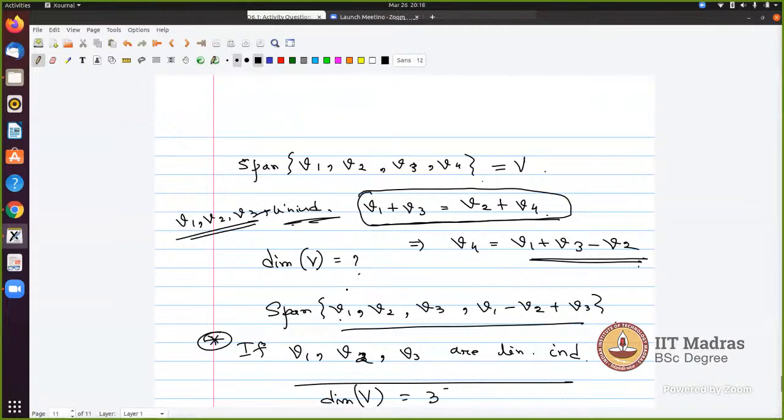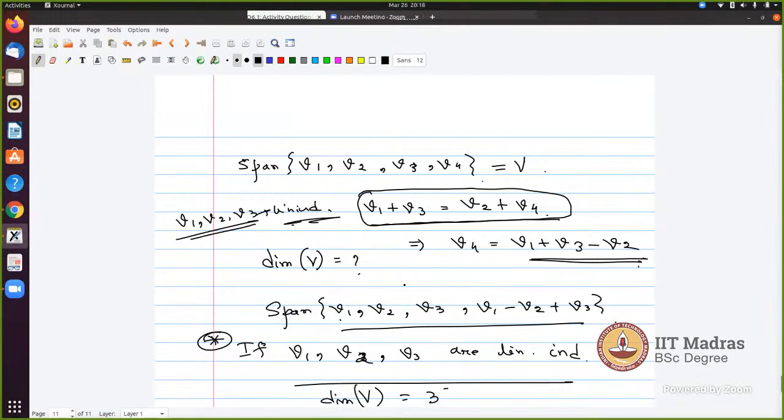We will not take V3 and V4, or V2 and V4. Any vector will be V1 plus some combination of V1, V2, V3, and V4, right? But here V1 plus V3 itself is V2 plus V4, so we can substitute, right? Yeah. So how could the dimension be lesser than 3? No.